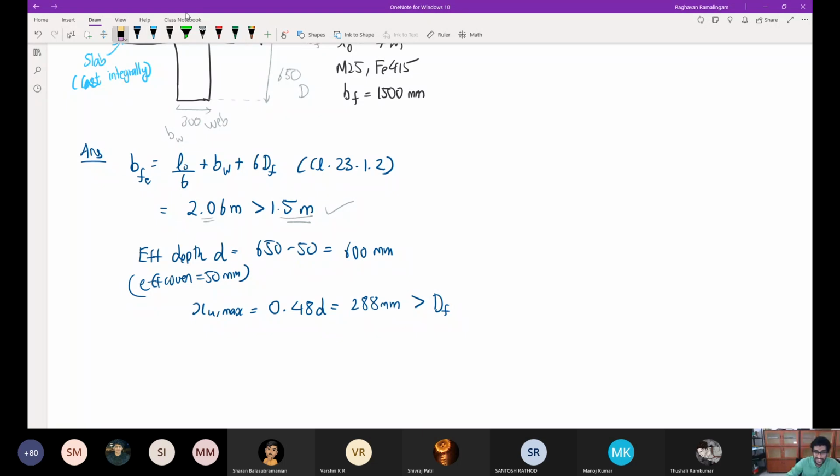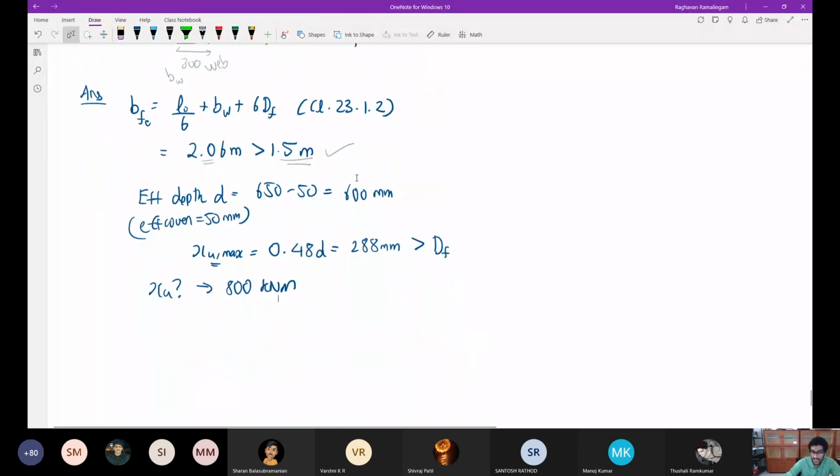Okay, we do not know the actual XU. This is only XU max, it's not XU. XU we have to find. We have the moment given to us, which is 800 kilonewton meter, in the question.